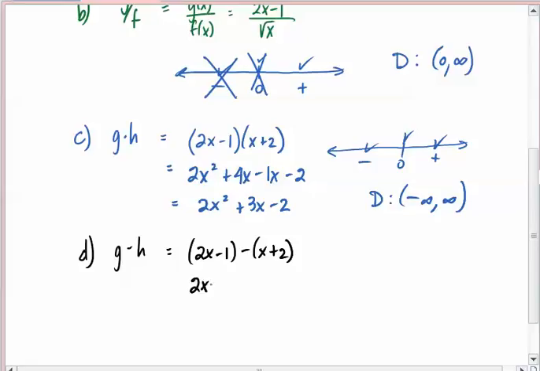So we have 2x minus 1 minus x minus 2. That's going to be, 2x minus x is x, and that's going to be minus 3. So there's my answer, and my domain this time is again going to be all real numbers.